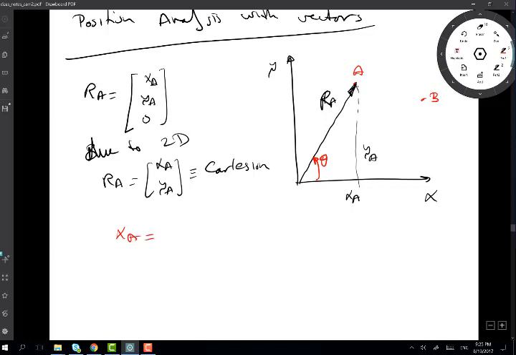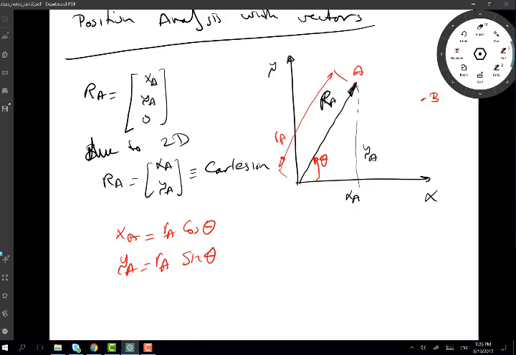If the length of this vector is RA, then XA is RA cosine theta, and YA is RA sine theta. That's another way of presenting the Cartesian values in terms of the length of the vector and the angle itself.